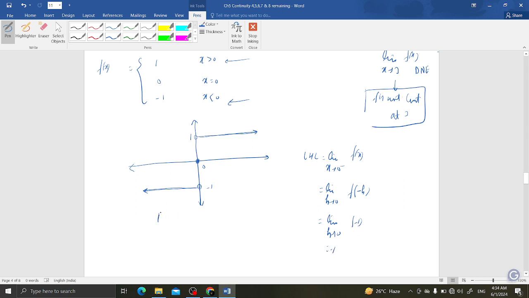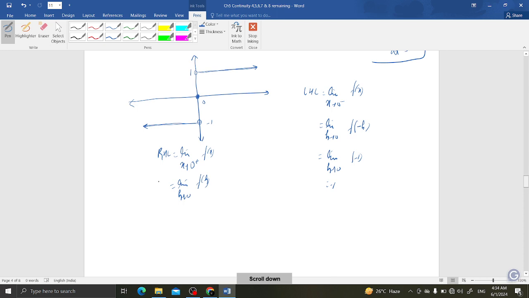Now the RHL is limit x tends to 0 positive of f(x), which is limit h tends to 0 of f(h), and we can find it by the first branch, which is 1, hence it is 1.